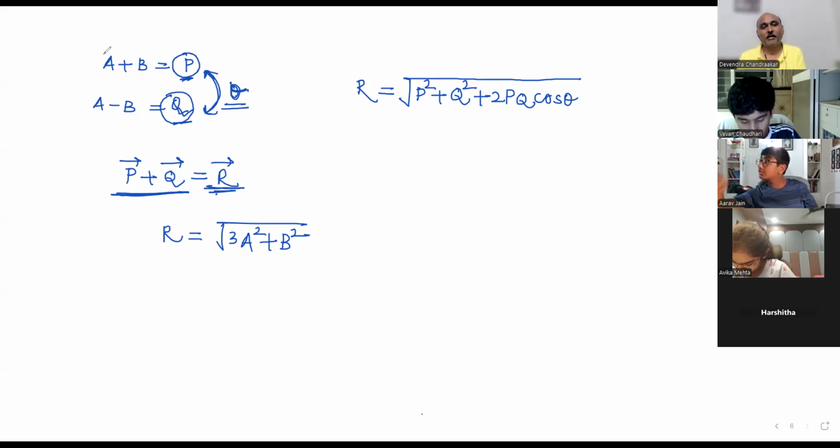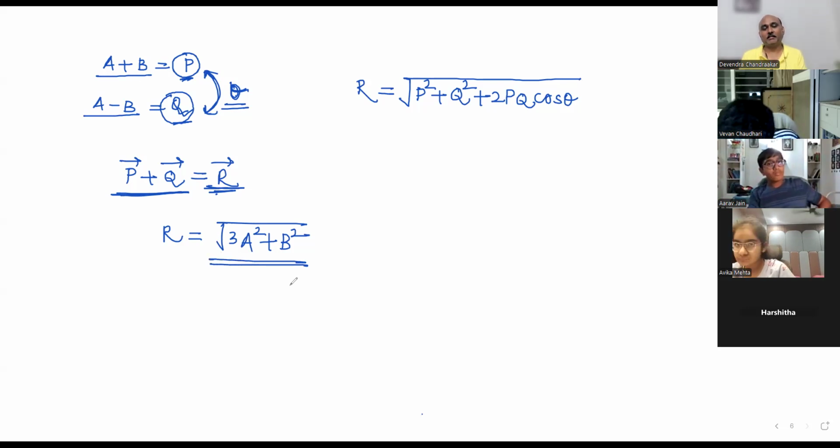Two vectors having magnitudes as a plus b and a minus b are added such that their resultant is this. To find the angle. So I wrote a plus b as p, a minus b as q, the angle between p and q as theta, and this is what we got.